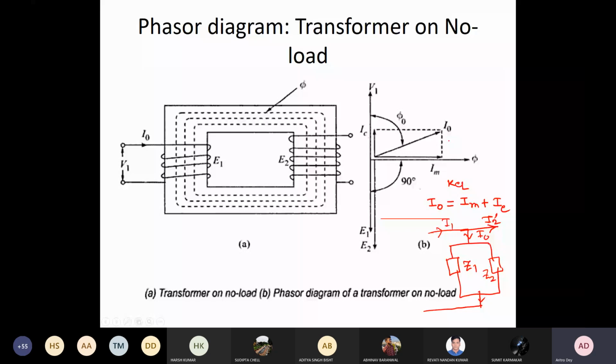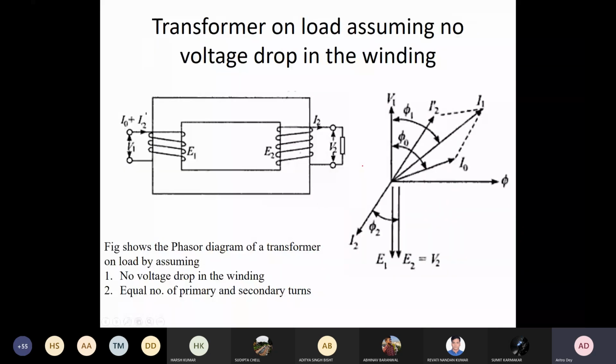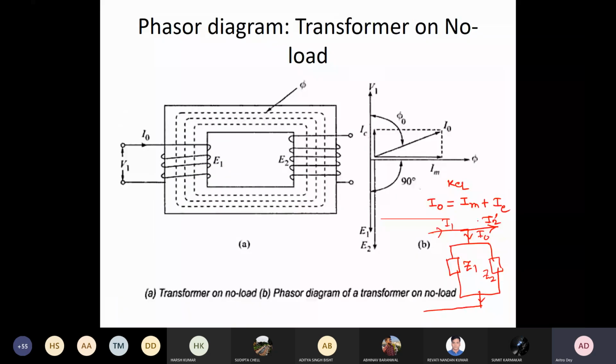It is shown in the next slide. So here you have I2 and I2 dash and I0, and I0 you can further split in terms of IM and IC. So IM plus IC plus I2 dash is equal to your I1. So that's why we are drawing three parallel paths. And as your IC is in phase with V1, so we are writing resistance here.